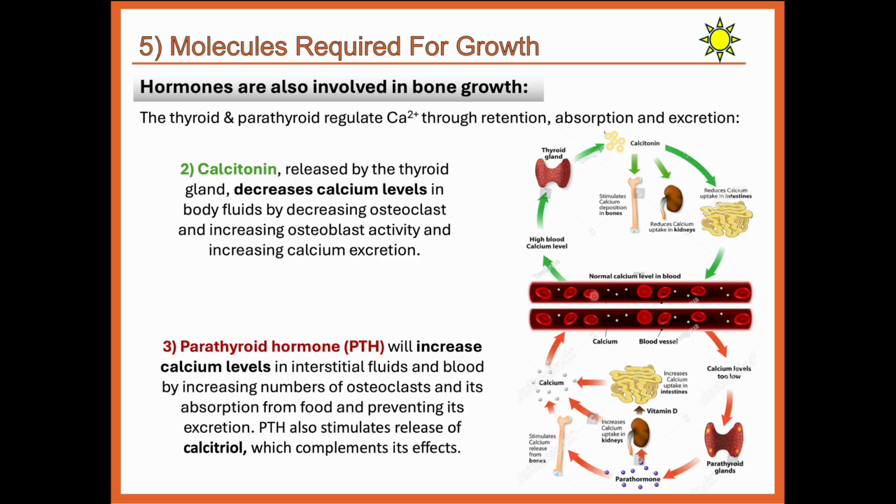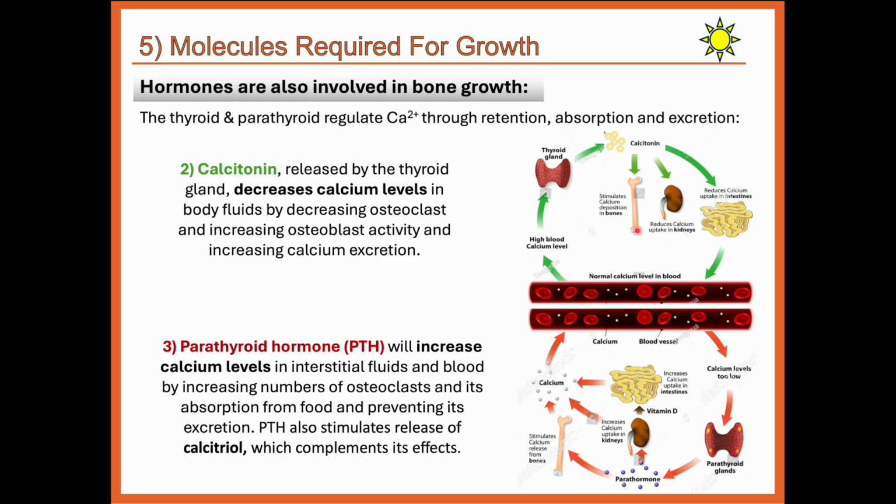If you have decreased calcium in your blood, right? You will go and trigger this pathway down below. If you have too much calcium, the thyroid will release calcitonin, which will deposit calcium in your bones.